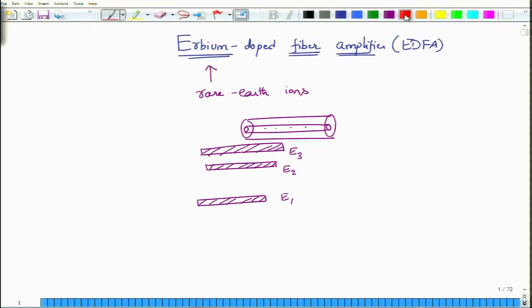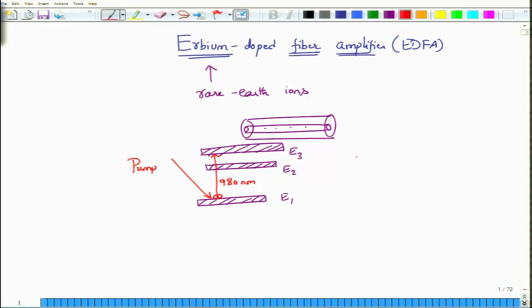The rest of the process is kind of simple, you know this already. You do not need a cavity here because you are not making a laser, therefore that requirement is gone. So what you need of course is a pump. Since there are 3 levels, what are the energy gaps and what is the wavelength at which we need to pump? That is the question. If you are using a pump which will take ions in the state E1 to the state E3, then you need a pump of 980 nanometer wavelength.